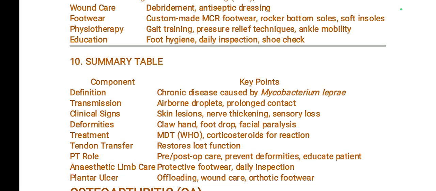So let's summarize the session. Hansen's disease is a chronic disease caused by Mycobacterium leprae. Transmission: airborne droplets, prolonged contact. Clinical signs and symptoms: skin lesions, nerve thickening and sensory loss. Deformities: common deformities in the major stages are claw hand, foot drop, facial paralysis.